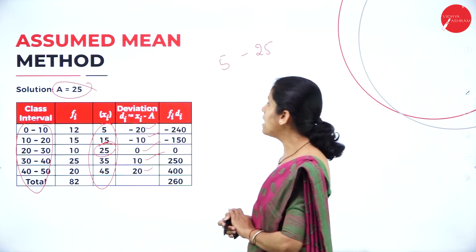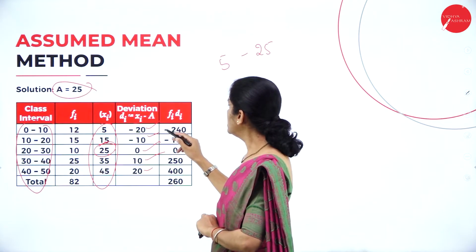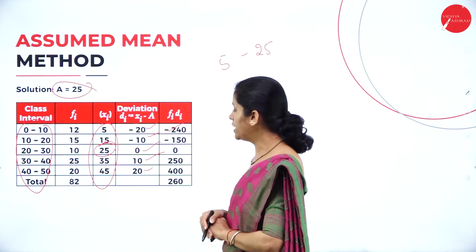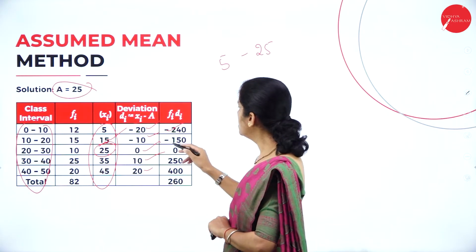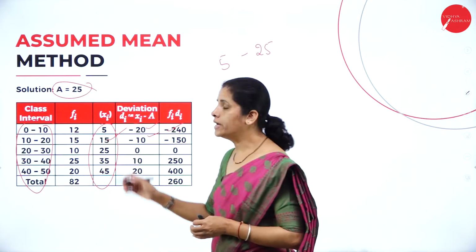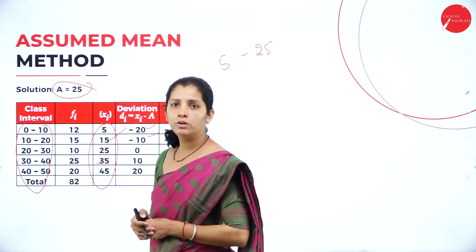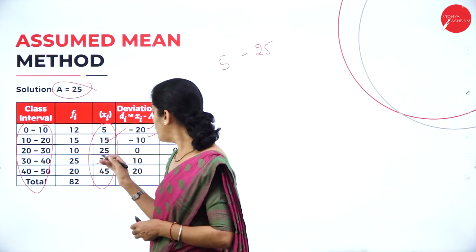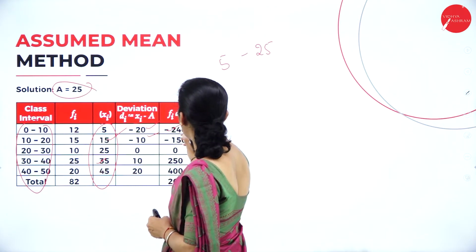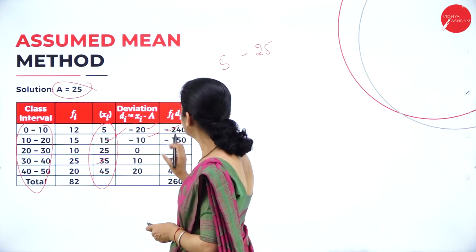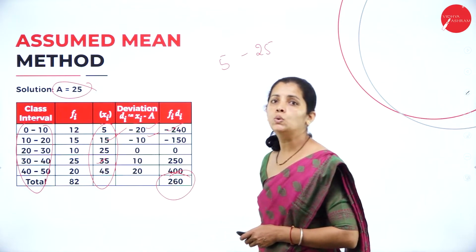Okay, and when I multiply, 5 into minus 20, that is minus 240. Now 15 into minus 10, minus 150. 25 into 0, it is 0. Now 35 into 10, 350, and 45 into 20, it is 400. When I perform the summation of fi into di, I am going to get the answer 260.